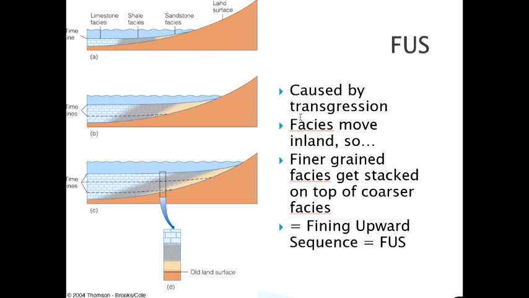Well, we call the transgression evidence a fining upward sequence. Basically, the rock types, the sediment types, get finer. So notice in the upper picture, there's our facies: sand at the beach, mud offshore, and then limestone way out here.